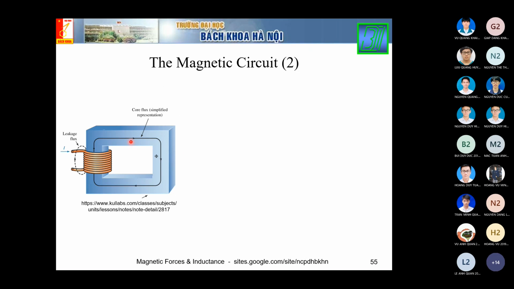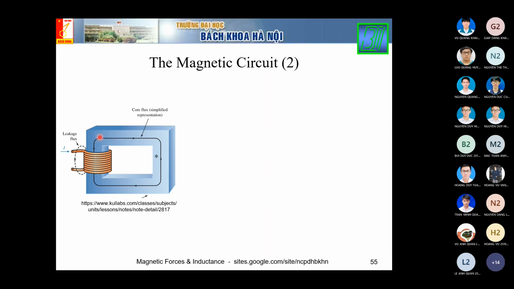This one is an example of a magnetic circuit. Normally, it consists of a coil and a core. Okay, and when we feed a DC current to the coil here, we know that that current will produce a magnetic field, and the core here will conduct that magnetic field to somewhere else that we want it.